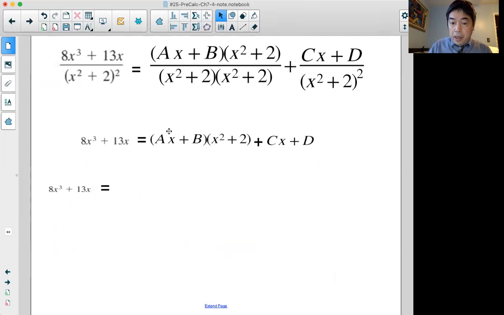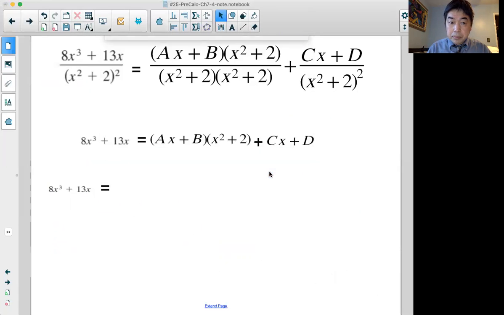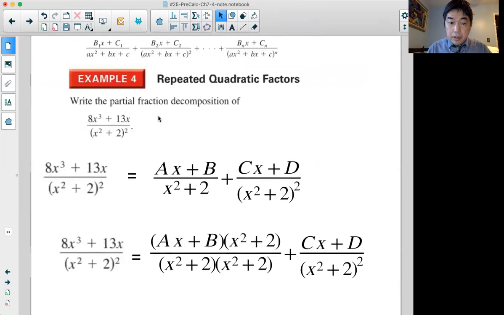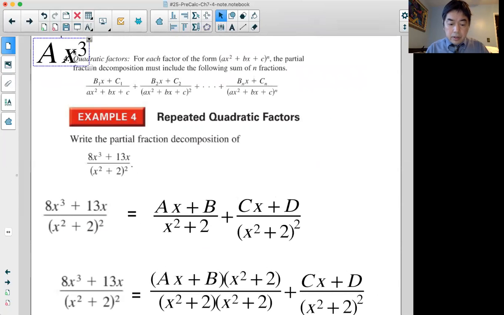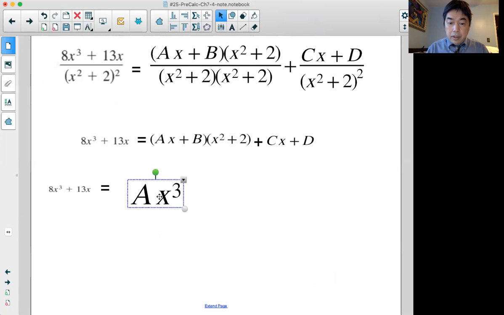Okay, ax times ax cubed is ax to the third power. So that's the first thing you have to write down: ax to the third power. Let me get the equation here. Okay. So outer, the formula says outer, right? So x times 2 is 2ax.